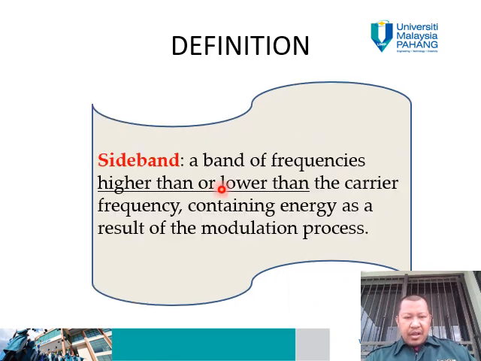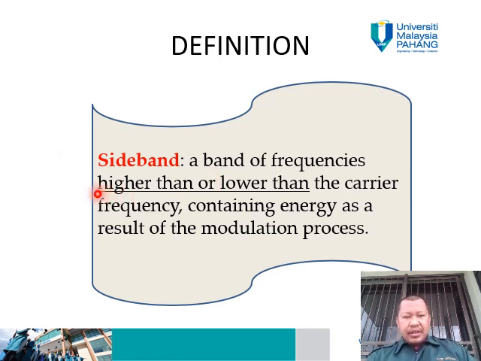Next, sideband. Sideband is a band of frequencies higher than or lower than the carrier frequency, containing energy as a result of the modulation process. In the next chapter, we will discuss amplitude modulation. So we will see this sideband for the amplitude modulation signal.